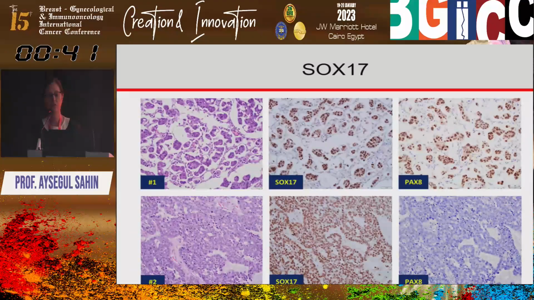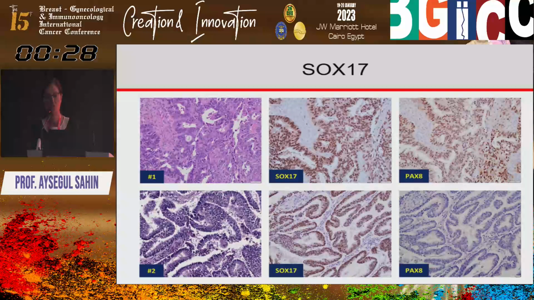So this is another marker that we are using. WT1 can be rarely positive in breast carcinoma, so that's the reason we are using SOX17 in conjunction. The first one was ovarian carcinoma, and this is endometrial carcinoma. As you can see, compared to PAX8, the sensitivity of SOX17 is a lot better.